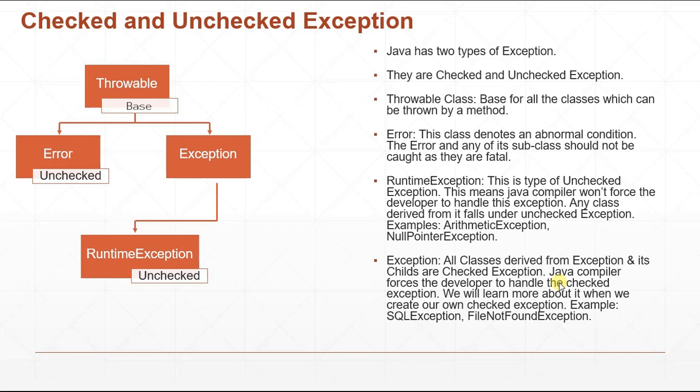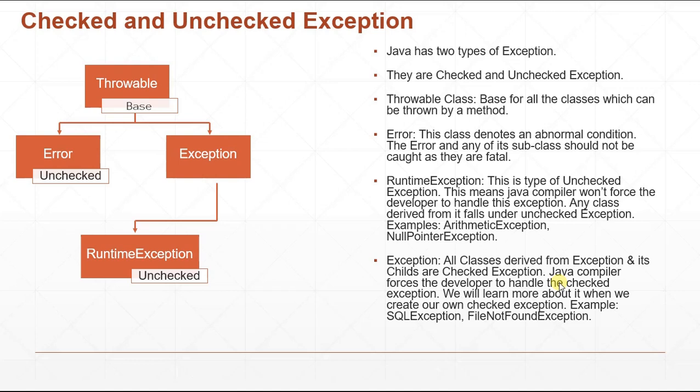If the developer doesn't handle that exception, then the Java compiler will throw an error. So either we have to handle that exception using a try catch block, or we have to declare the method with the throws keyword, stating that I am not handling the exception.